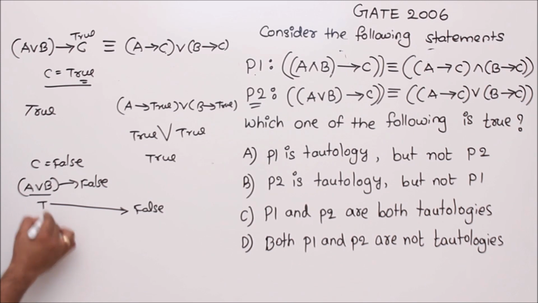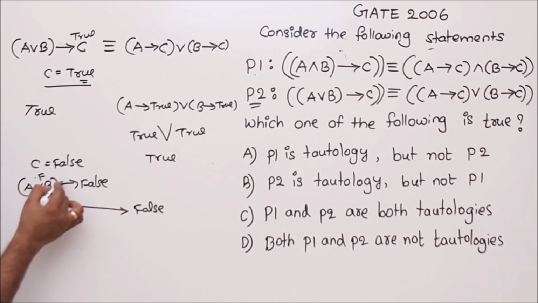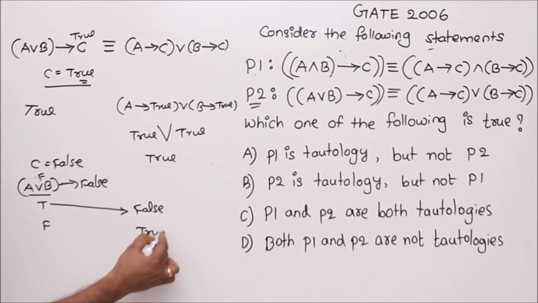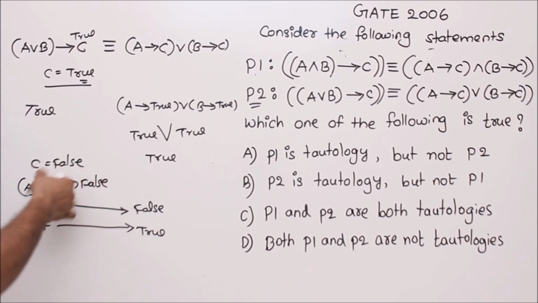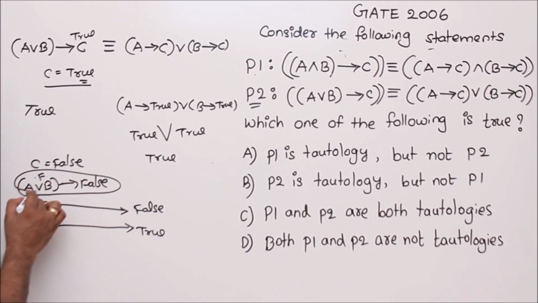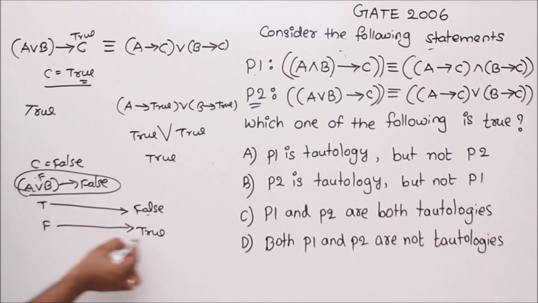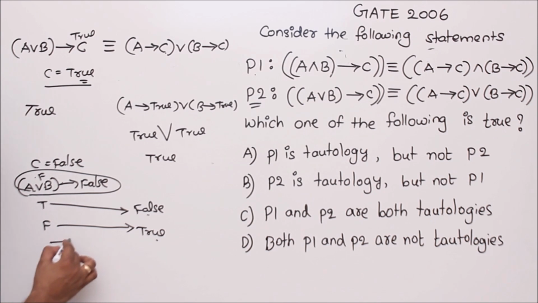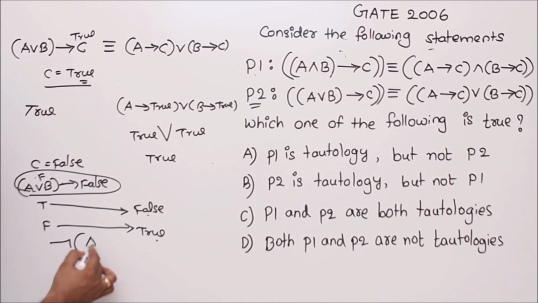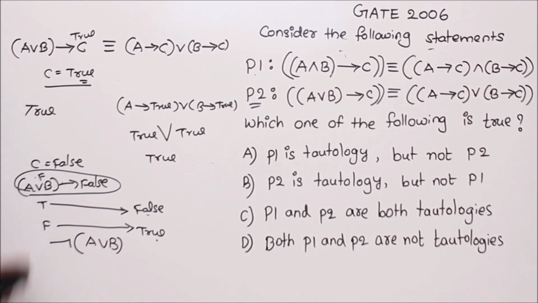When A or B is false, just substitute it. False implies false is true. Then the overall expression becomes true. Now by observing this data, I can say that this entire formula's truth value is false when A or B is true. It is true when A or B is false. Is it not opposite to A or B? That's why it is the negation. That means negation of A or B. Okay. So finally, this is negation of A or B.